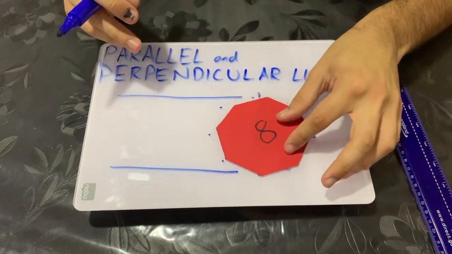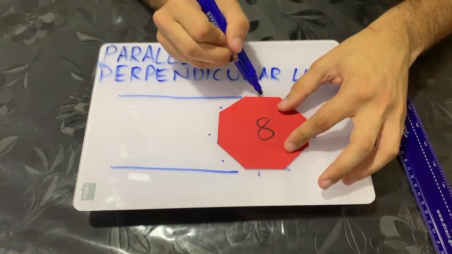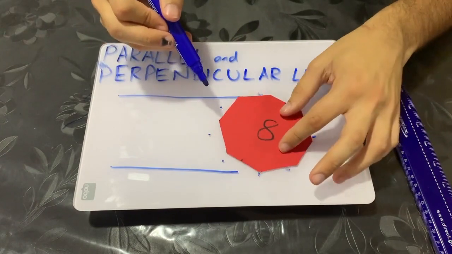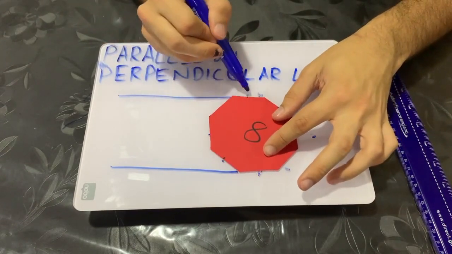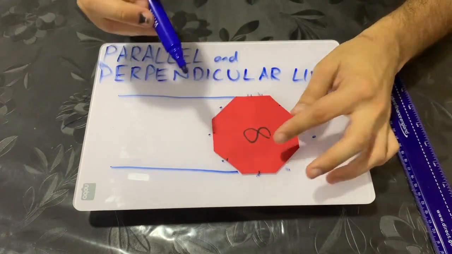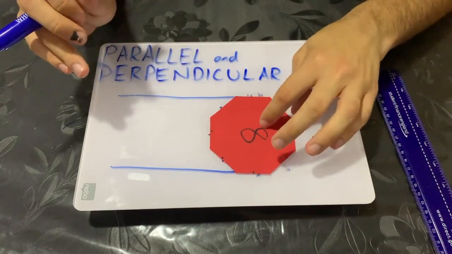Now, I can do that for the rest of the opposite sides as well. So that one and that one, they're parallel too, and then the same for these two, and finally these two as well. So it's got 4 pairs of parallel lines in my octagon.